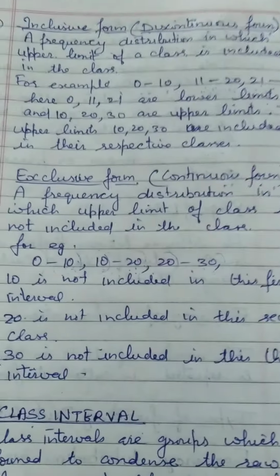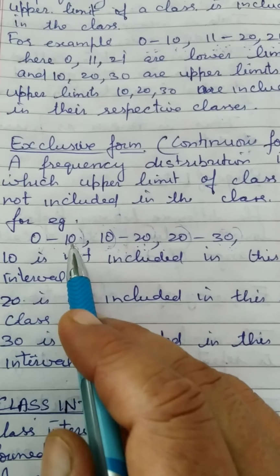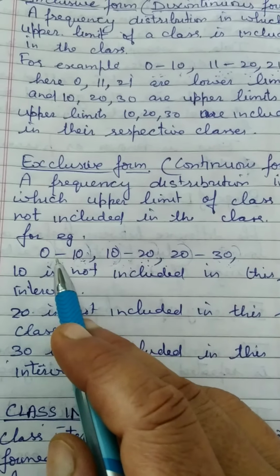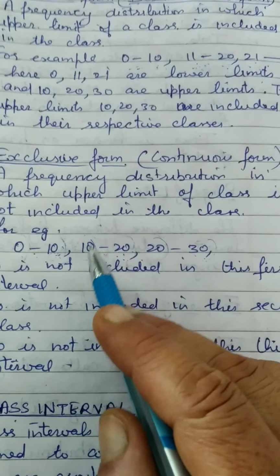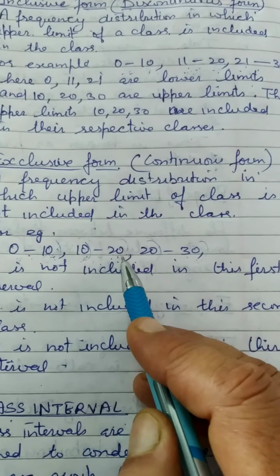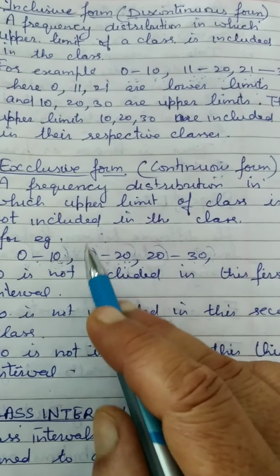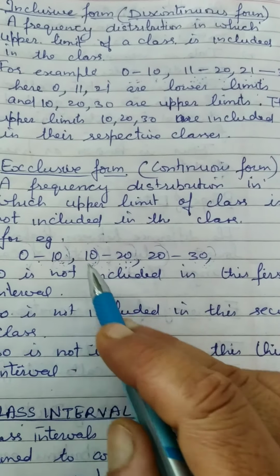Now here in this case 0 to 10, 0 plus 10 divided by 2 means the class mark for the first class interval is 5, and for the next it is 10 plus 20, that is 30. 30 divided by 2 means 15 is the class mark for this interval. Then for this, 20 plus 30 divided by 2, that is 50 by 2, means 25 is the class mark for this class interval. This class mark is always the mid value of the class interval.